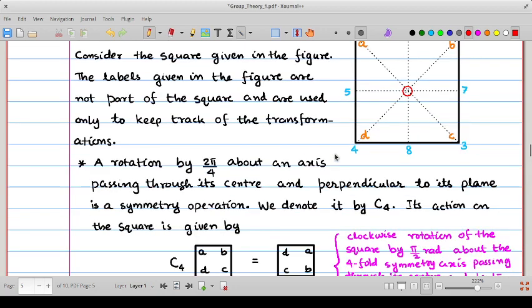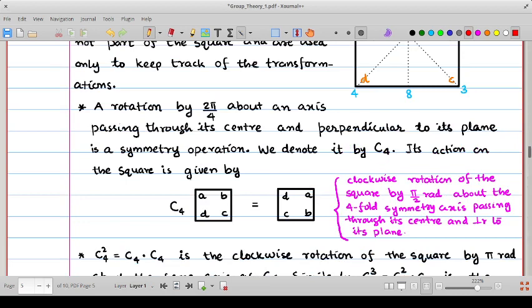To appreciate that, we first see this. This is the square with the vertices labeled as A, B, C and D. And we consider a rotation by pi by 2 about an axis passing through this point and perpendicular to the plane of the square.